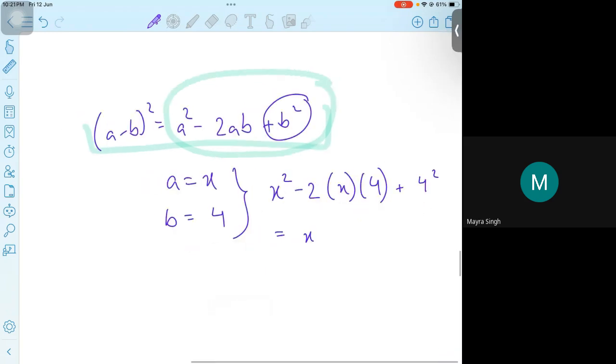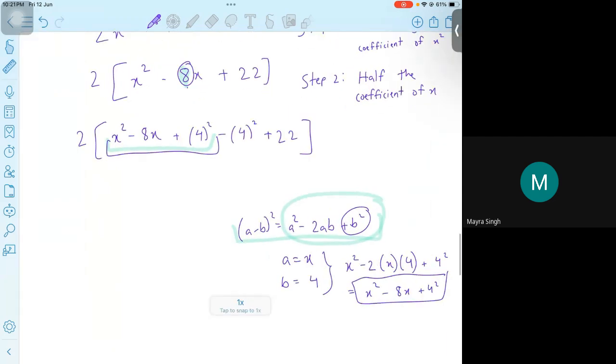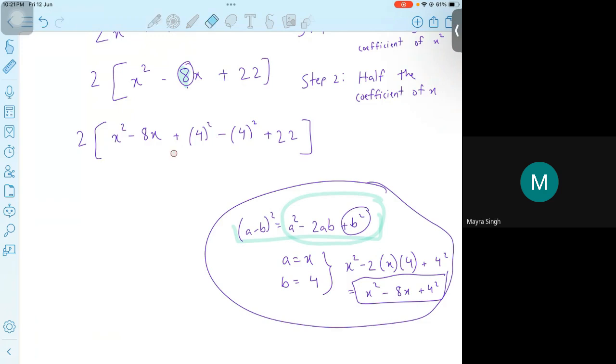So you get x square minus 8x plus 4 square. And if you match this one with this one, you see that it's the exact same equation, right? So you can verify that we've successfully compared it with this whole thing. Therefore, we can now write this as x minus 4 whole square. I hope that makes sense.